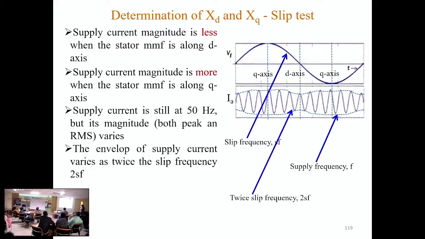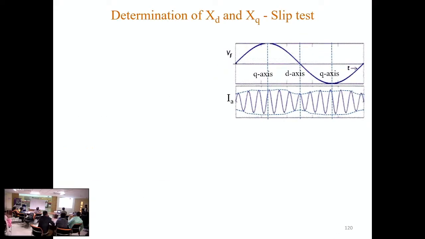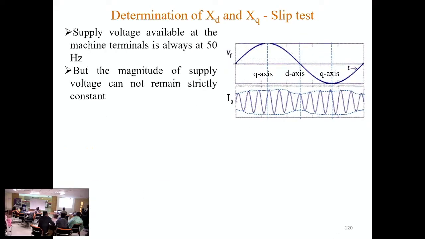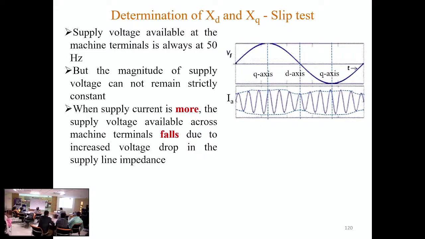Okay, and now as the current varies, there will be different amounts of voltage drop, so the voltmeter reading will also change. So what will be the voltmeter reading? When supply current is more, voltage drop will be more, so the reading of that voltmeter will be less. Along the Q axis, current is more, voltage drop is more, so voltmeter reading will be less.